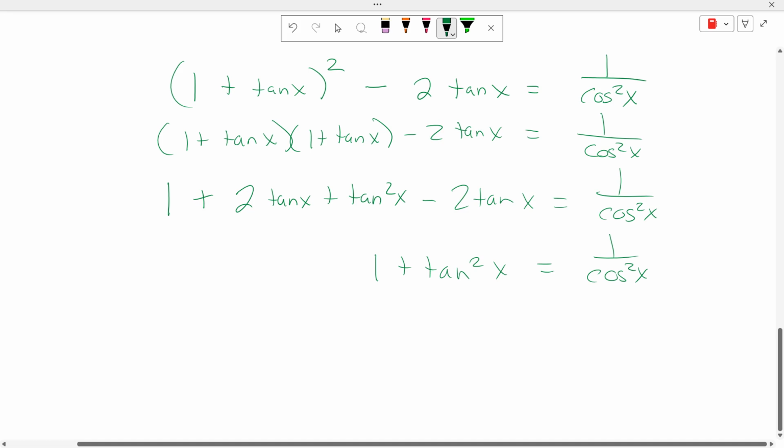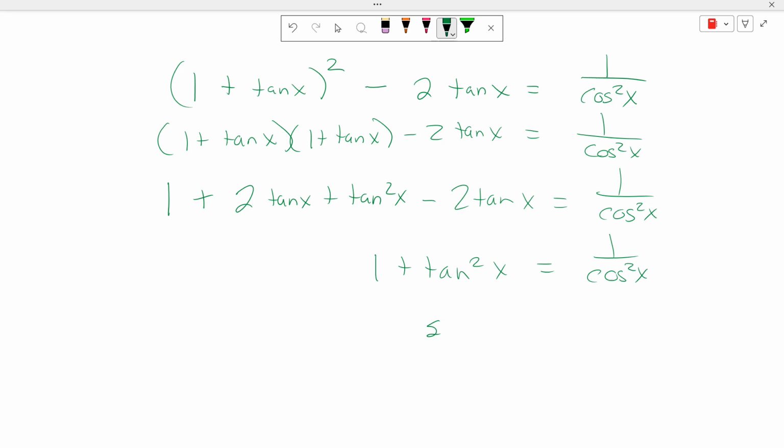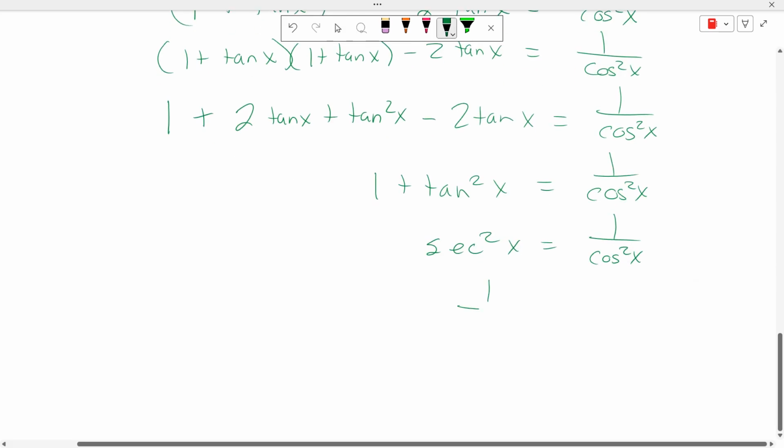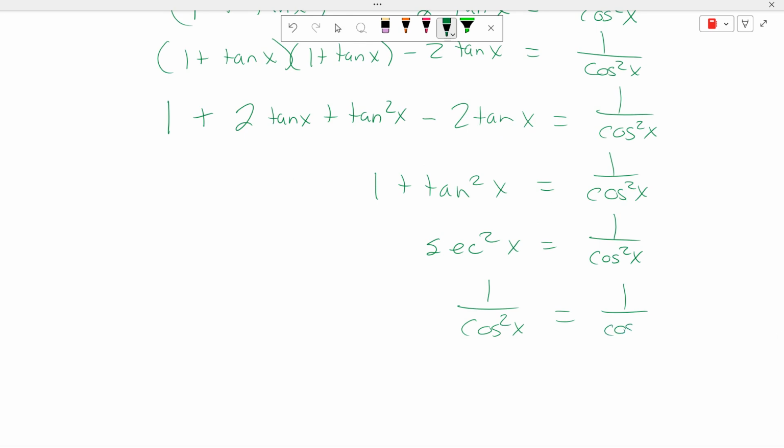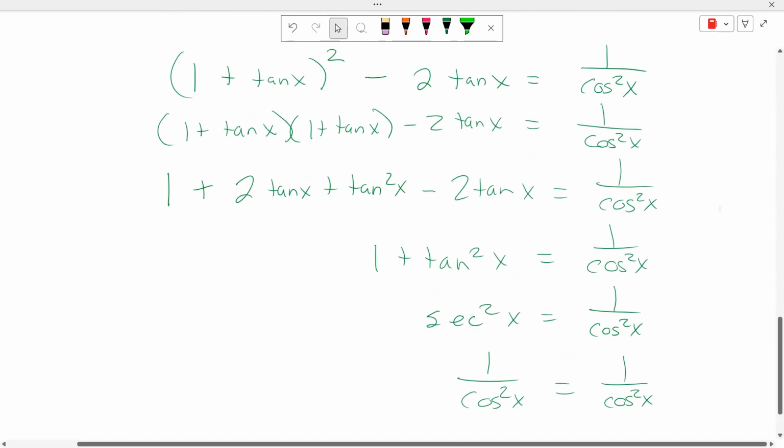What's 1 plus tangent squared equal to? Secant squared of x, because that's a Pythagorean identity. What's secant squared of x equal to? 1 over cosine squared of x. And all of a sudden, both sides match.